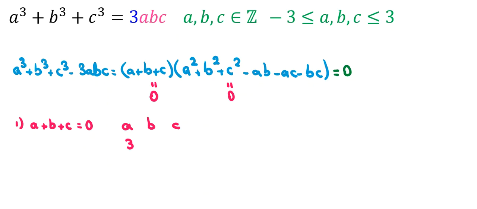If A is 3, B plus C should be -3. So we can say 0, -3; -1, -2; -2, -1; -3, 0. It is this case, and for all of them A is 3. And you should multiply this by 2, because you can negate all of A, B, C. For example, it is plus minus, then you can consider minus plus for this.